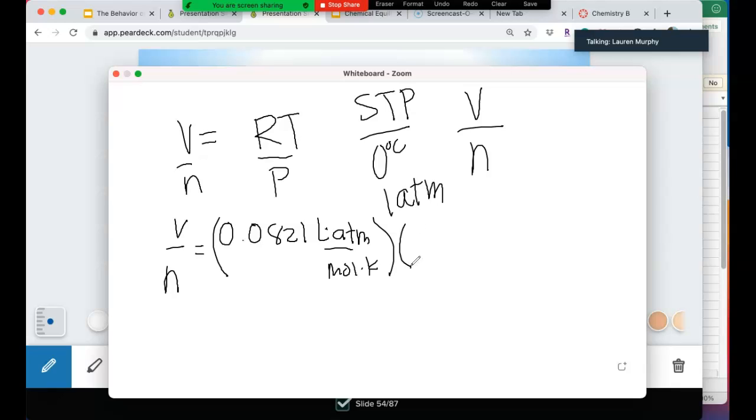Temperature. Now, I don't get to plug 0 into here because you can't plug Celsius in here. So what is 0 Celsius in Kelvin? Well, you take 0 and you add 273 to it, and it's 273. So this is standard temperature in Kelvin. So R times T divided by standard pressure, which is 1, right?